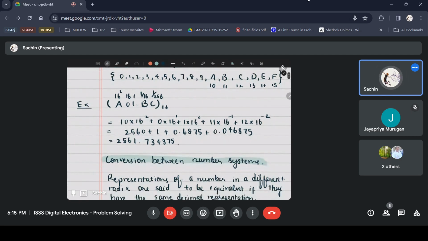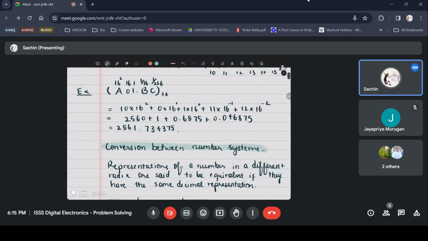And you multiply with the corresponding digits that you have. A is 10, so it's 10 times 16 squared plus 0 times 16, etc. And you find that to be equivalent to this number.